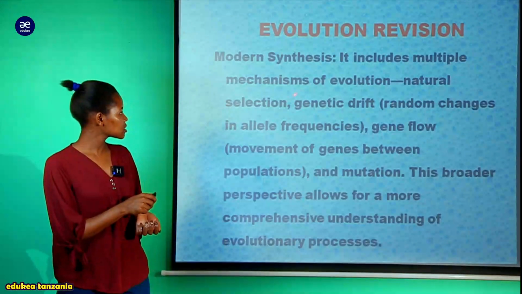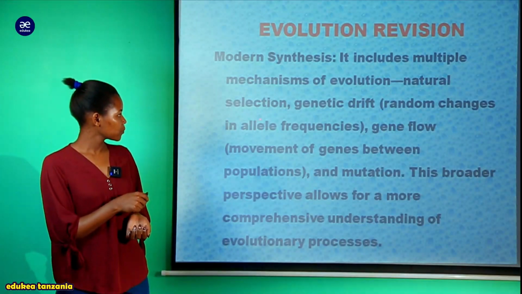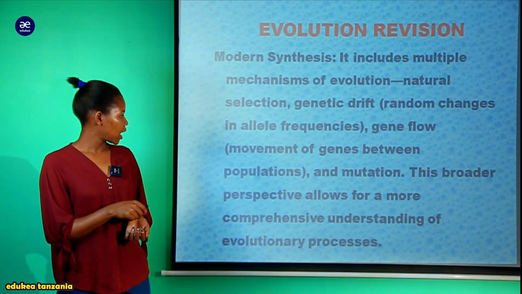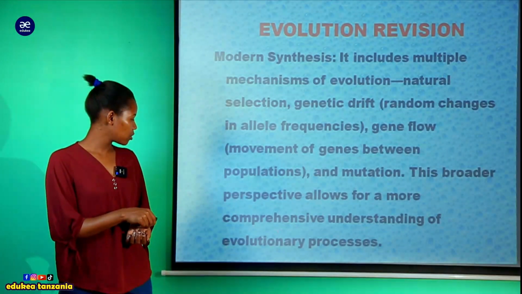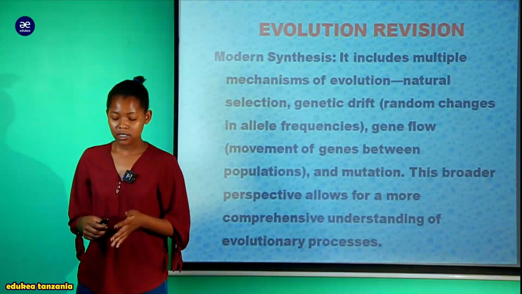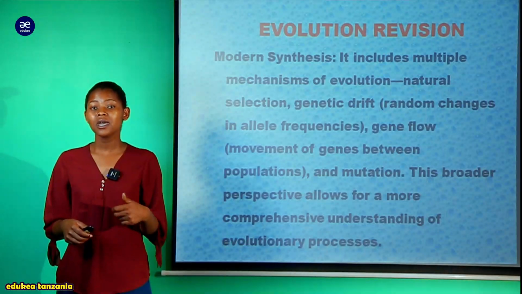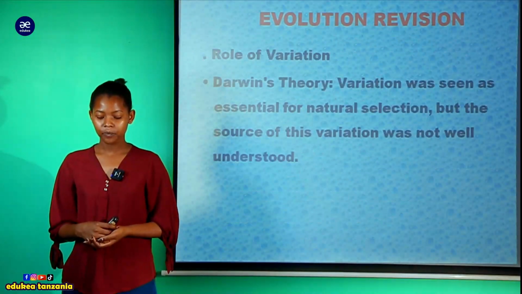But the modern synthesis theory includes multiple mechanisms of evolution: natural selection, genetic drift, gene flow, as well as mutation. This broader perspective allows for a more comprehensive understanding of the evolutionary process. So modern synthesis theory gave a broader understanding of the evolutionary process since it involves all four forces of evolution.